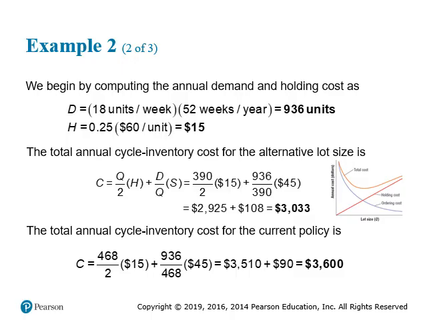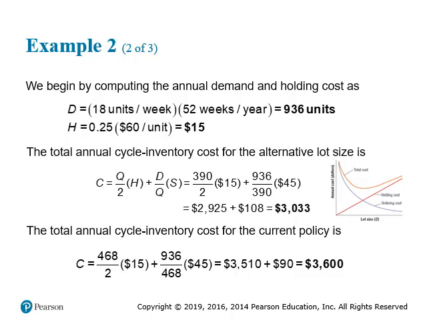The holding cost, as we mentioned on the last slide, is a quarter of the price, or 0.25 times $60. There's our $15. So the total annual cycle inventory cost with an order of 390 at a time, if that's our lot size, our order quantity, then Q over 2, 390 over 2 times 15, is the annual holding cost.